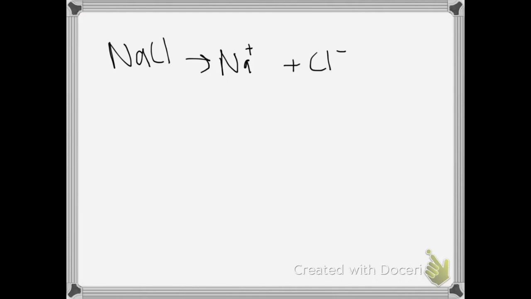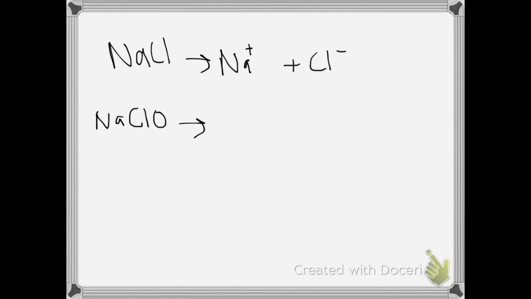Okay, let me think of another salt really quick, just so you see something other than table salt, because you always see table salt. Let's say sodium hypochlorite, so NaClO.